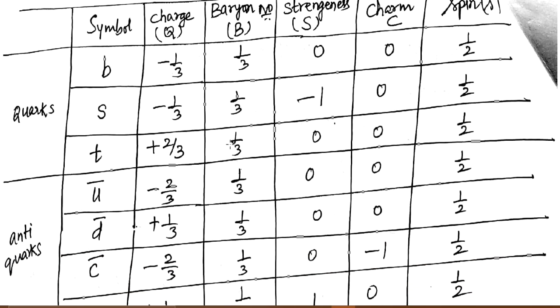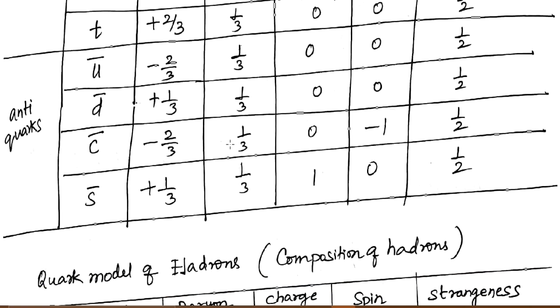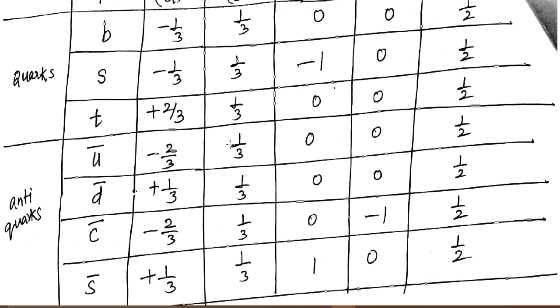And the list continues here: quarks, their symbols, B, bottom quark, S, strange quark, T, top quark. Look at the tabular column and remember all the quantum numbers of the quarks. Similarly, anti-quarks, U complement, D complement, C complement, S complement. This complete table, you try to remember to write the quantum numbers for the quarks.